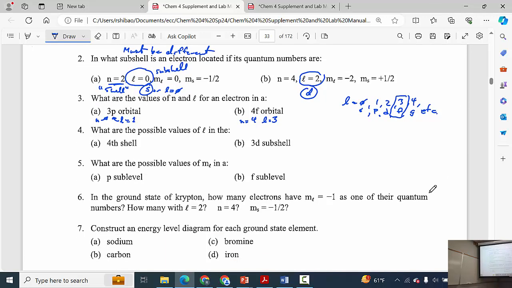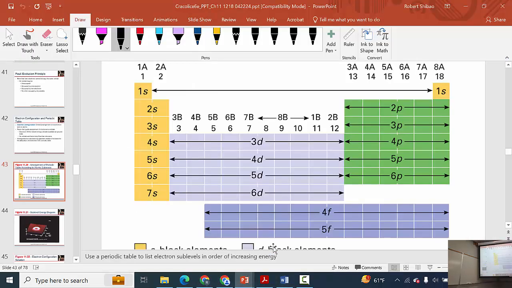Number 4, what are the possible values of L in the 4th shell? So here, let's take a look at the periodic table. That might be more useful. So in the 4th shell, we could have L equals, what's an S orbital? In the 4th shell, L could be equal to 0. D orbitals are L equals 2. P orbitals are L equals, not 3, 1.